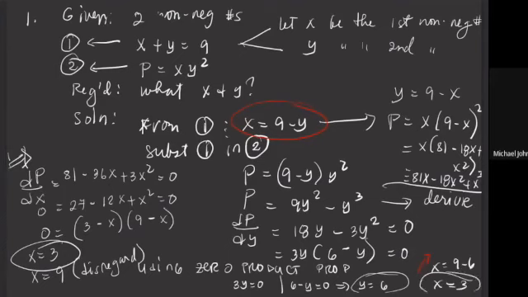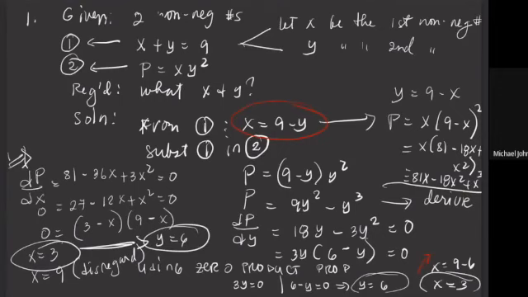Okay. In the same way, from here, we can also solve for y. And when x is equal to 3, this means y equals 6, right? So whichever method, whichever variable you choose to represent your p, you will arrive at the same answer. And what do you think is the product?